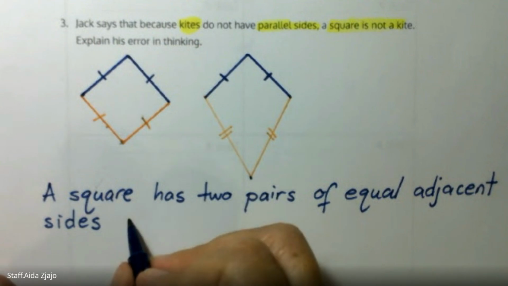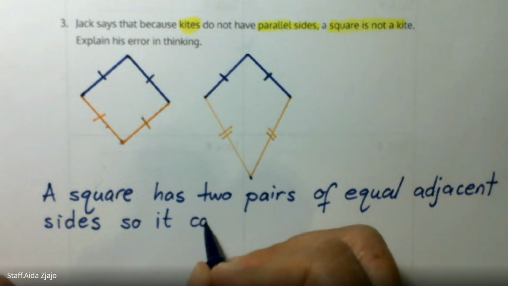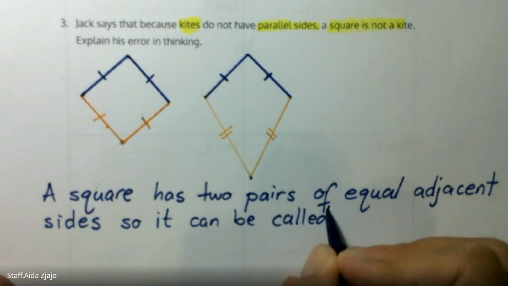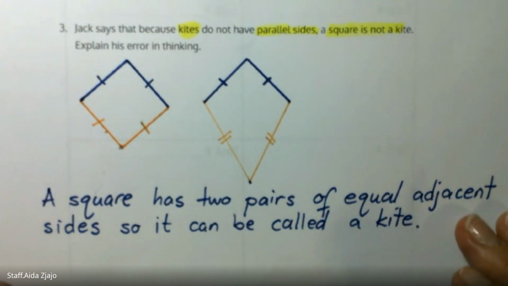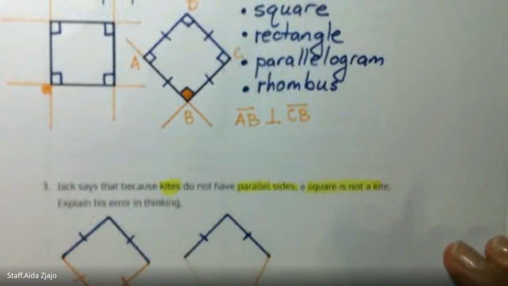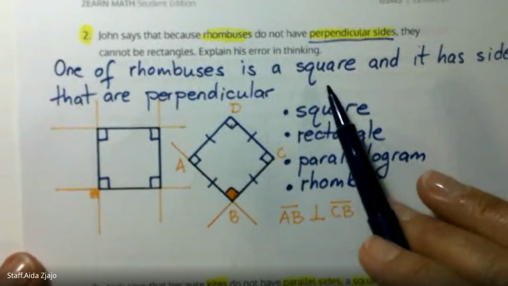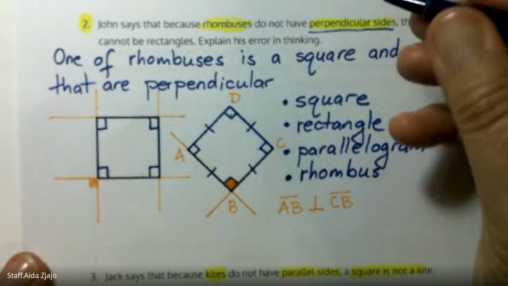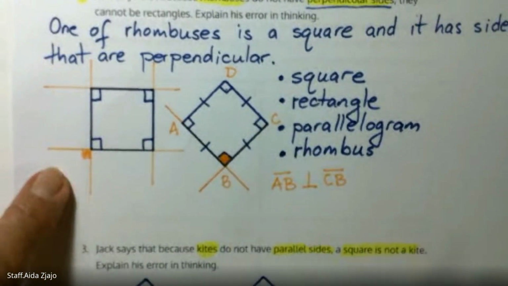So it can be called a kite. Okay. One of the rhombuses is a square, and it has sides that are perpendicular. So I explained that.